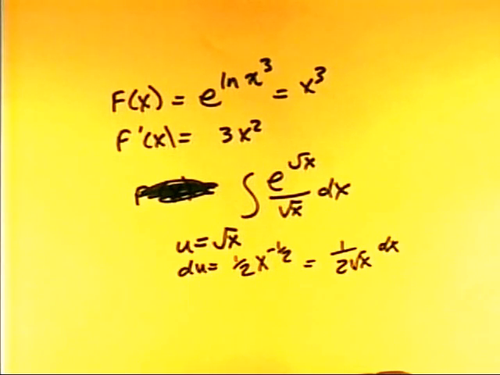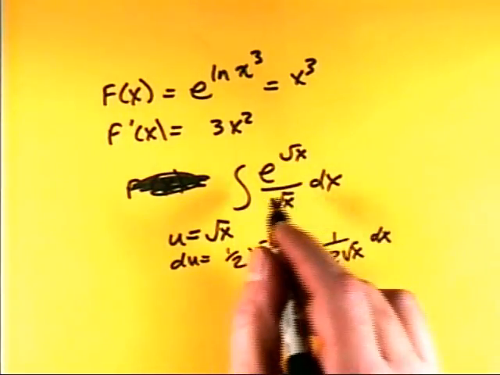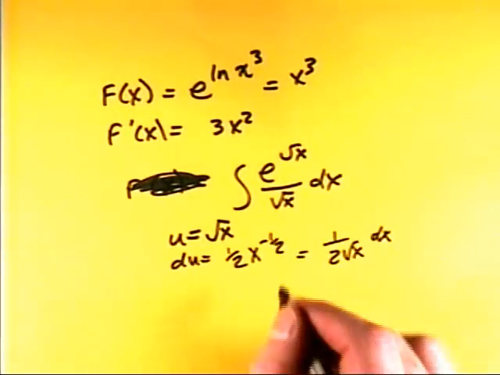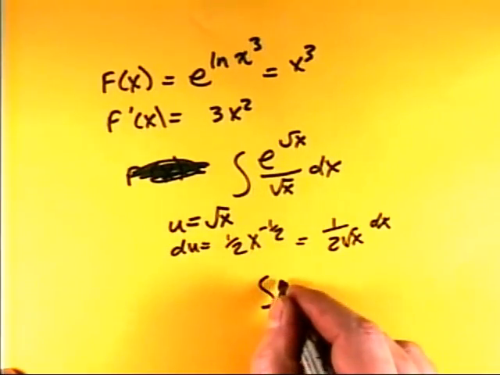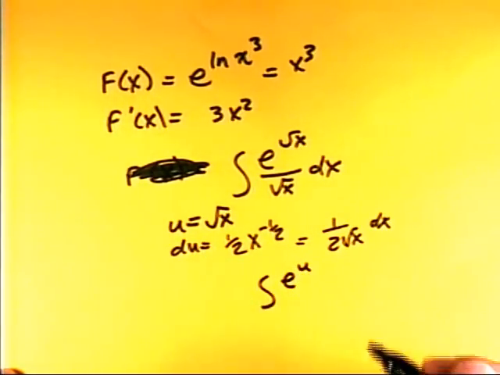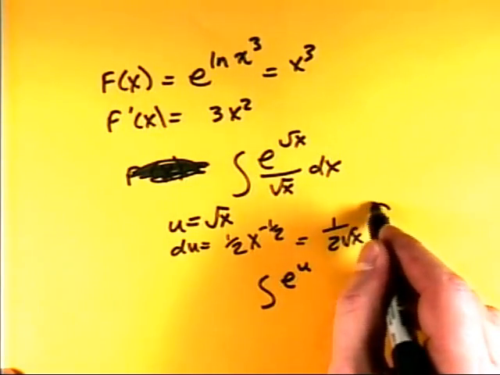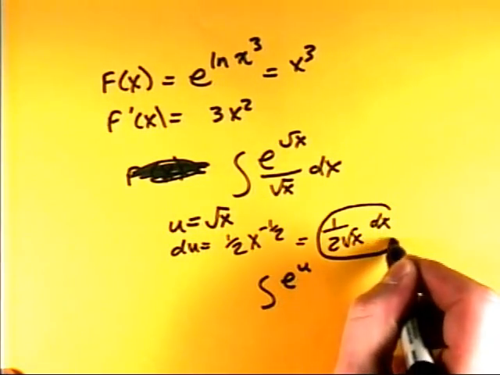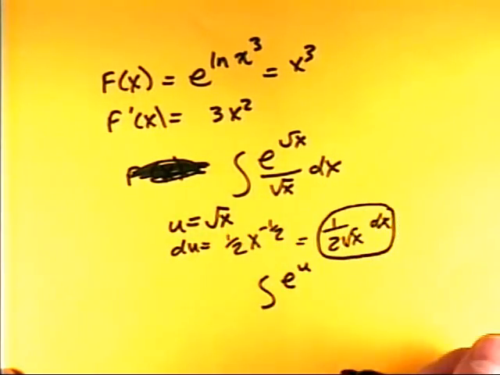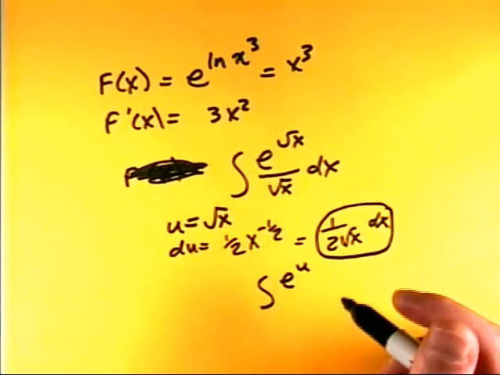Okay, so that'd be... What is the top equal to? It's e to the u. So we have e to the u over du.